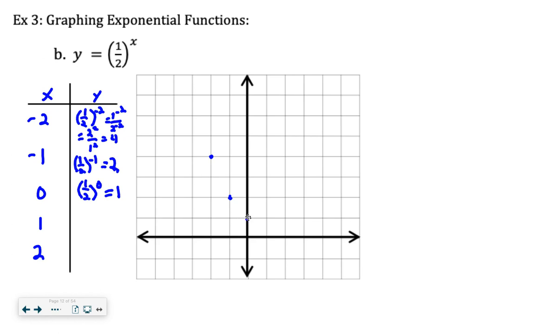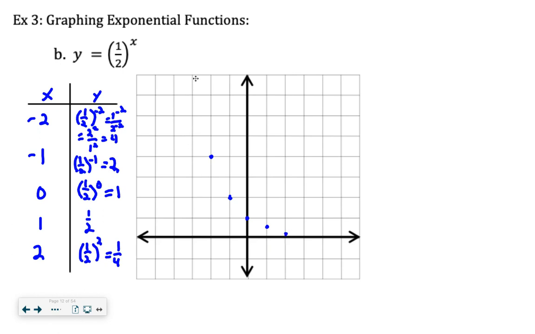Then if I plug in 1/2 to the first power, that's just going to be 1/2. And finally, if I plug 2 in, I'll have 1/2 to the second. So this would end up being 1 squared over 2 squared, which would be 1/4. So the point 2, 1/4 is on the graph.